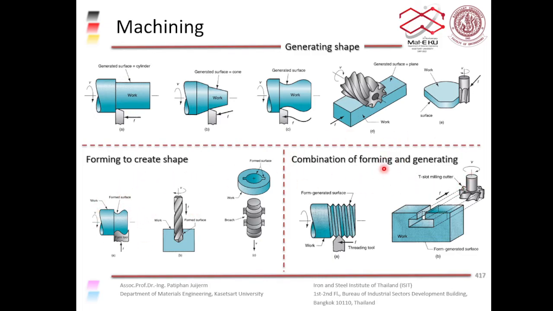So you can combine forming and generating processes. Or with threading tools, when you want to make a thread for a nut or bolt, the shape of the thread conforms to the shape of the threading tool, but at the same time you're moving the cutting tool as in the generating process.